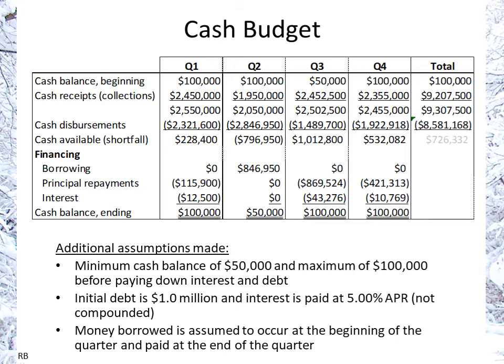And there we have our final cash availability of 726,000 at the end of the year. And we'll see that the borrowing is just a sum of those. So we have the 846. The principal repayments is again the sum, as is the interest. And that gives us our final amount, which is 100,000.